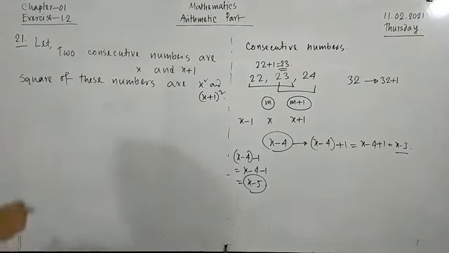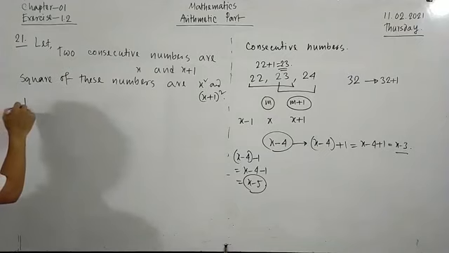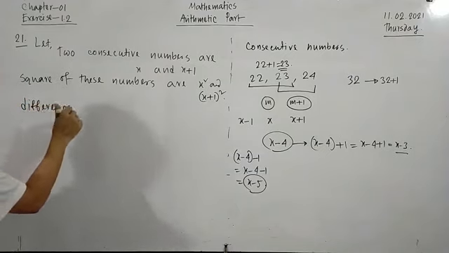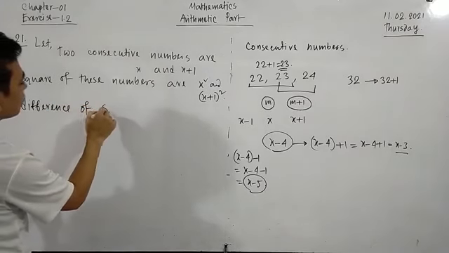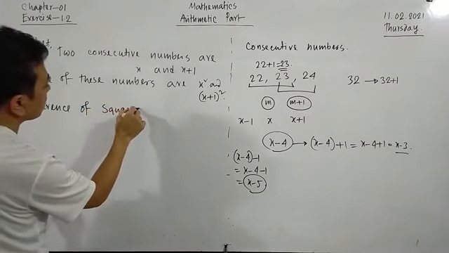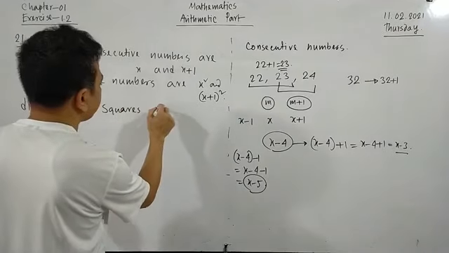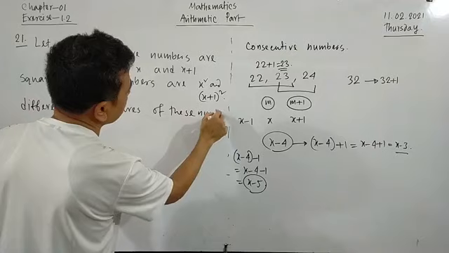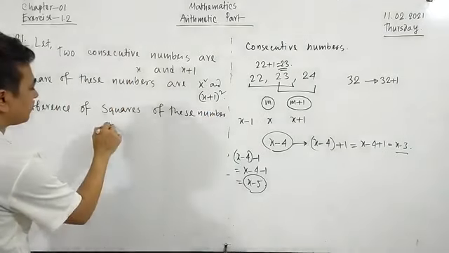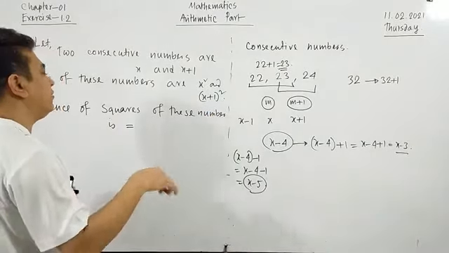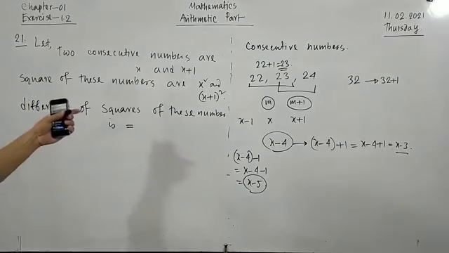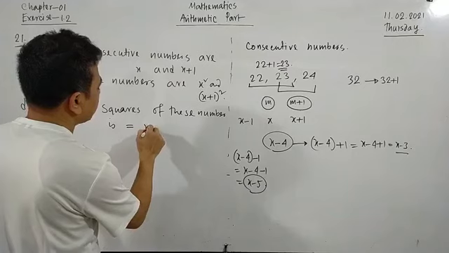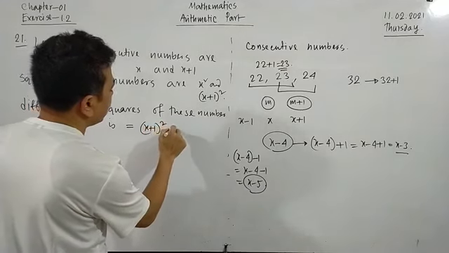The difference of squares of these two numbers is x plus 1 whole square minus x square.